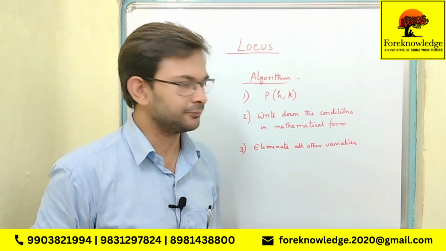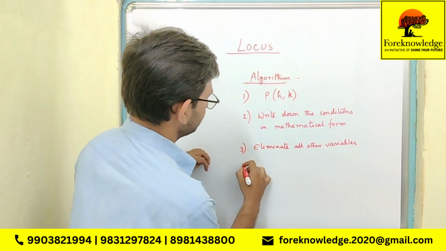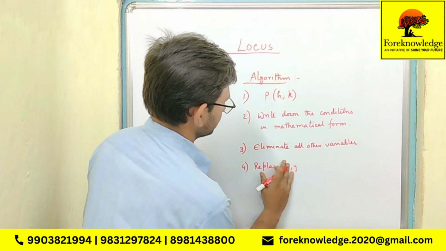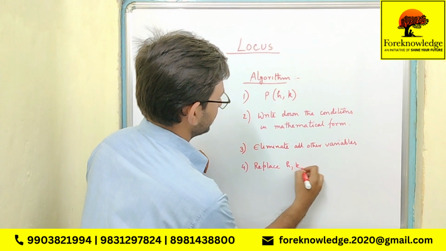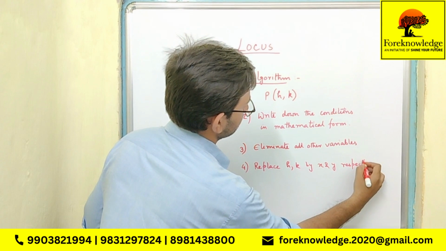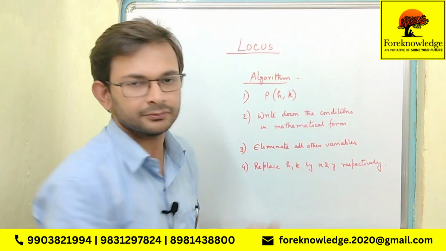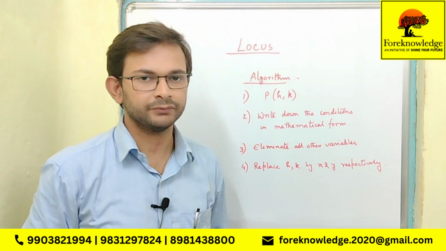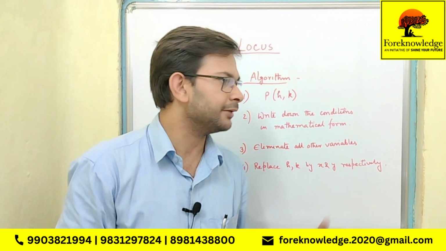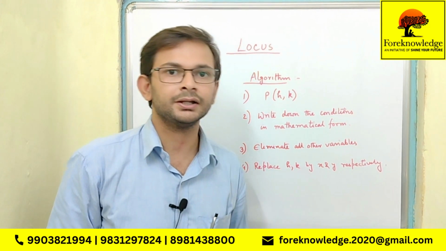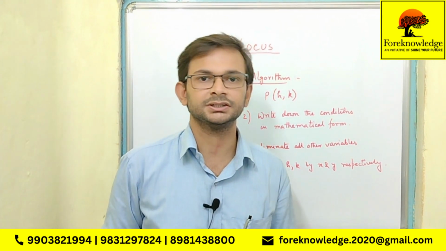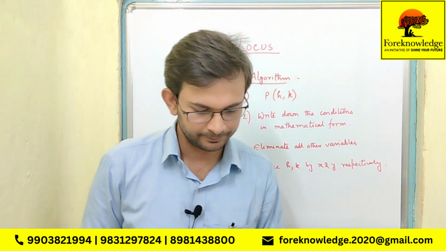And finally, once you are done with this, replace h comma k by x and y respectively, and we get the equation of the locus. So after elimination, we get a relation of h, k with some constant values, and we replace h and k by x and y in that equation. So that's how we proceed.